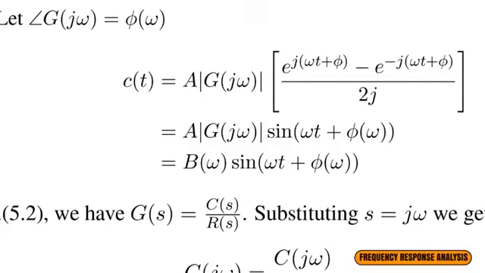As frequency changes, magnitude changes. As frequency changes, phase shift changes. That's why we can write the output as B(omega) multiplied by sin(omega t plus phi(omega)). B(omega), the magnitude, is a function of omega. The phase shift is another function of omega. That's why the output is like this.